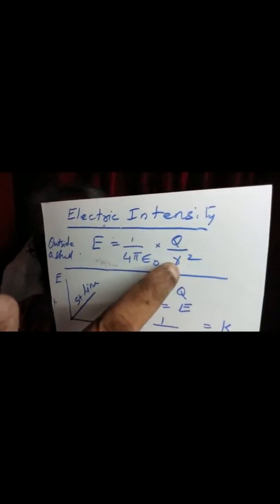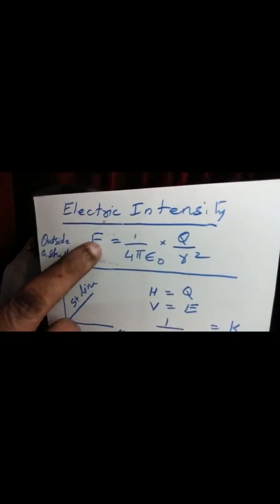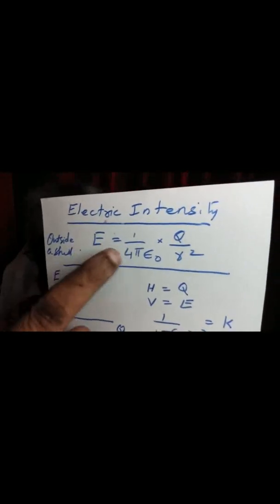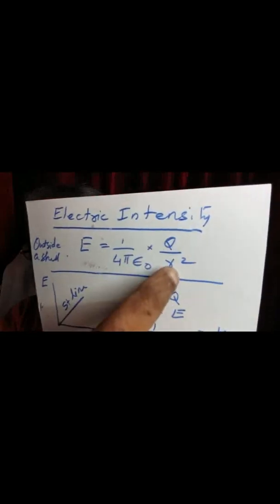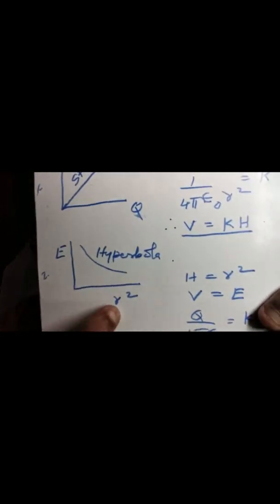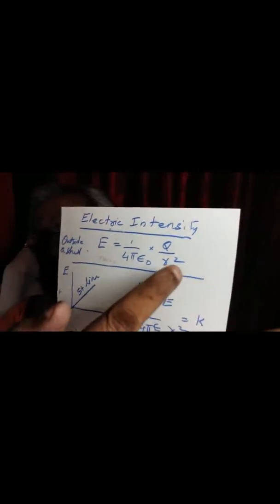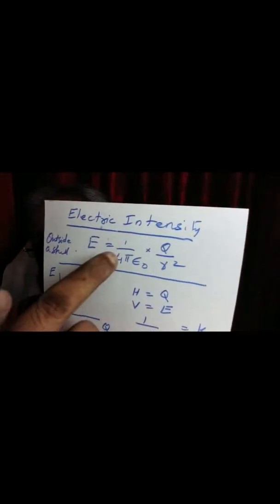Now our present equation takes the form V equals a constant K by H. Here H is R square, so you put H in the place of R square.